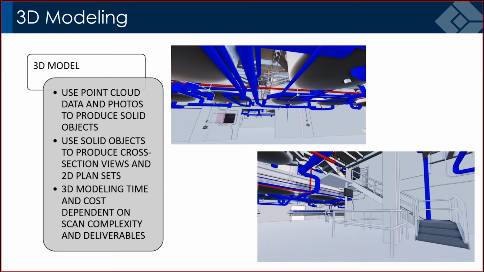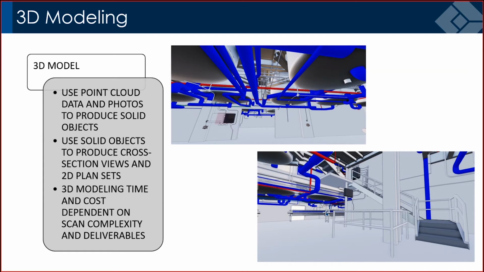We literally traced the point cloud. Now we have the Faro software that helps along the lines of identifying what's in the point cloud, so we don't have to necessarily trace it as much. It actually identifies pipes, ducts, conduits, a lot of that stuff.